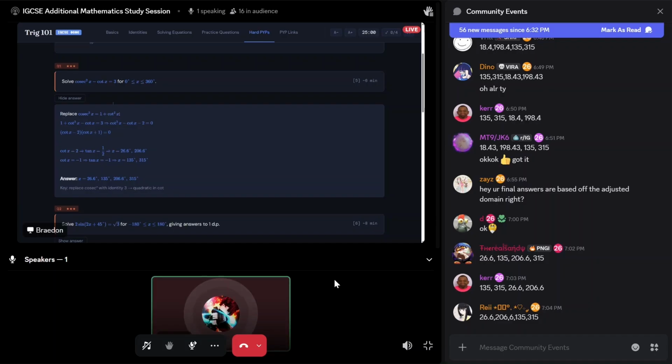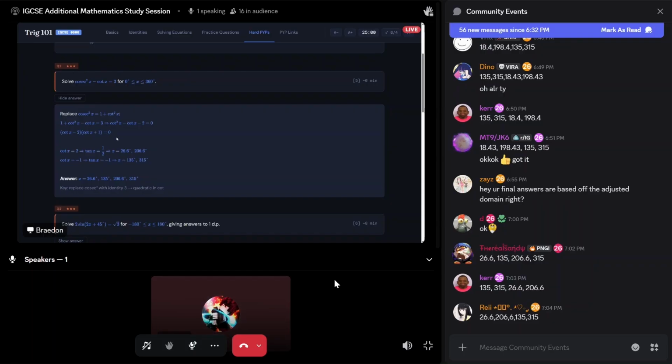If you're confused, you can substitute the cot x out for y perhaps, then you can find it easier. But this is okay if you know what you're doing. Most got this correct. It's pretty easy. Cot x equals 2, tan x equals 1 over 2.